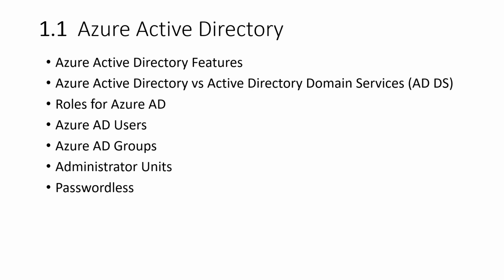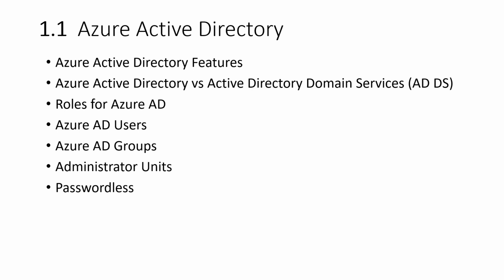As we know, in Azure Active Directory we have a flat structure. Before discussing Azure Active Directory, I hope that everyone knows about Active Directory. In Active Directory we have certain users, and in Azure Active Directory also we have certain users.